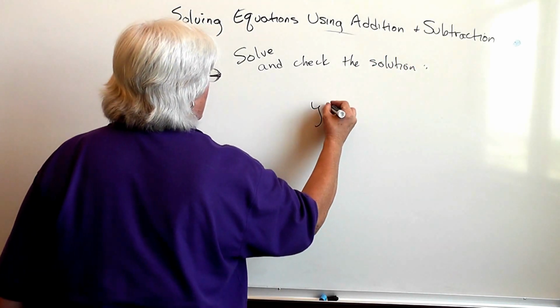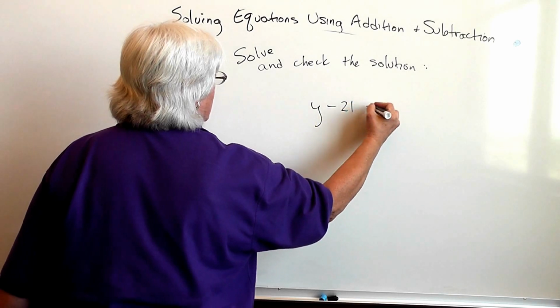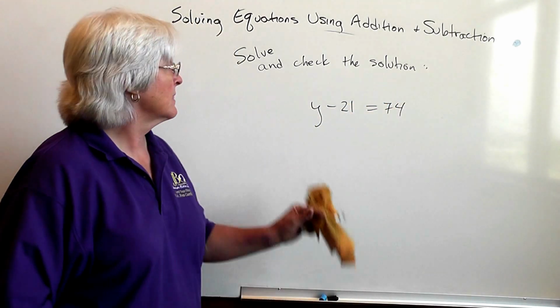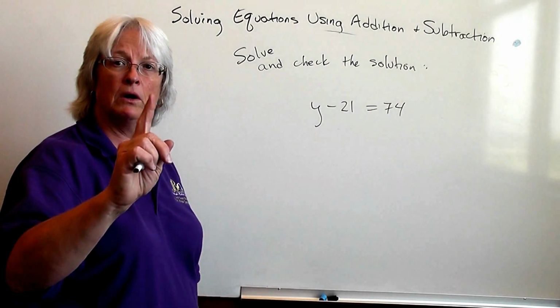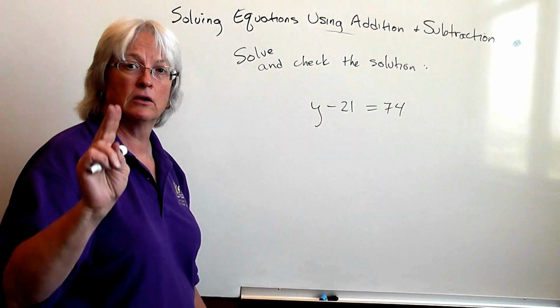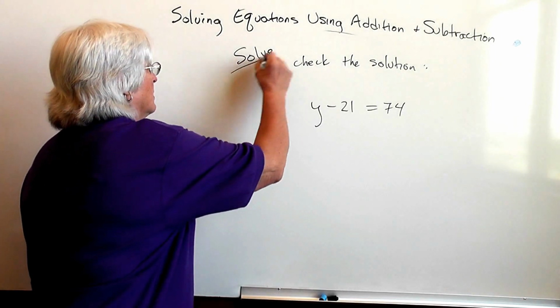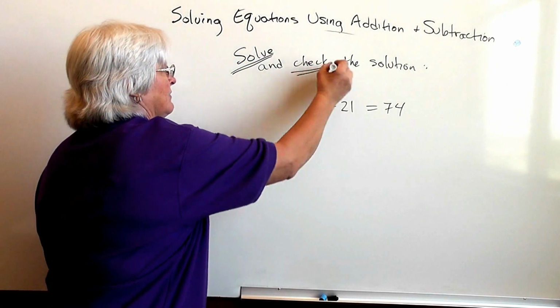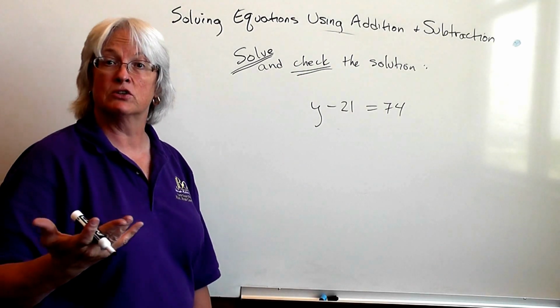We're going to have y minus 21 is equal to 74. Solve is part 1 and check is part 2. Half of your problem is finding the answer. The other half of your problem is showing me that it's correct.